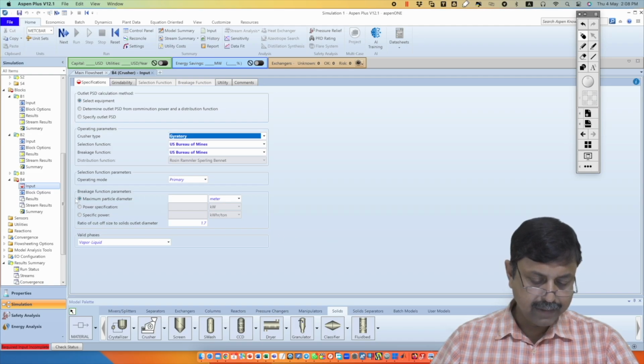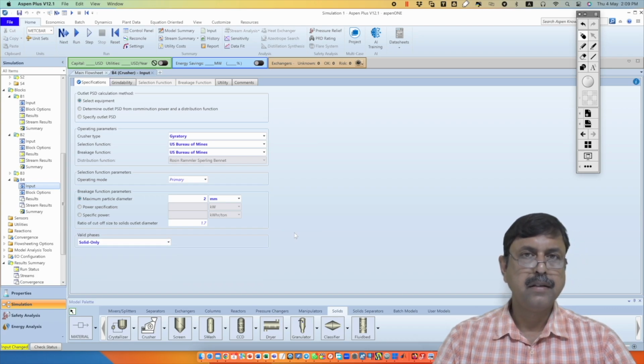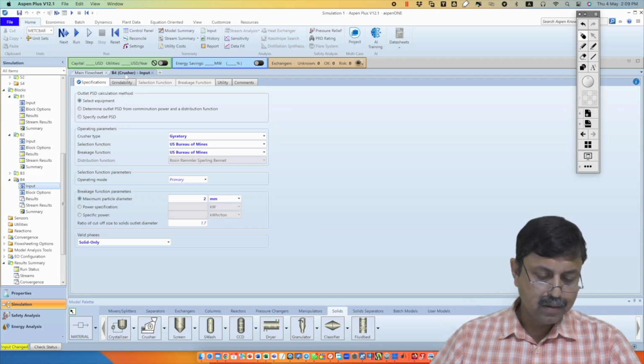So the maximum particle diameter is 2 millimeters. Okay, and change it to solid only. Then you are set to run the simulation. Do it, and it is run.